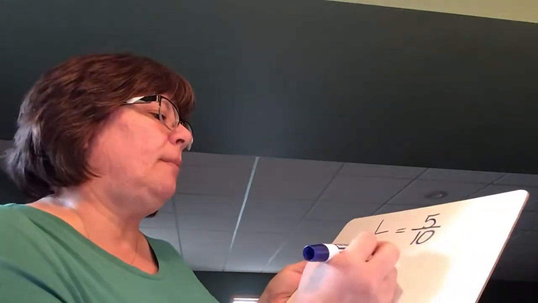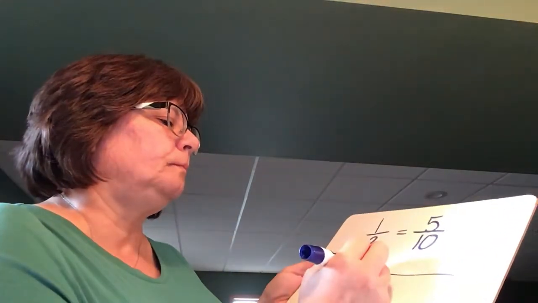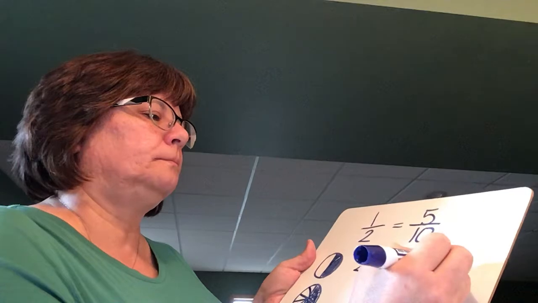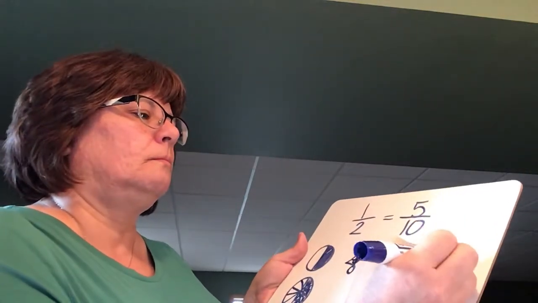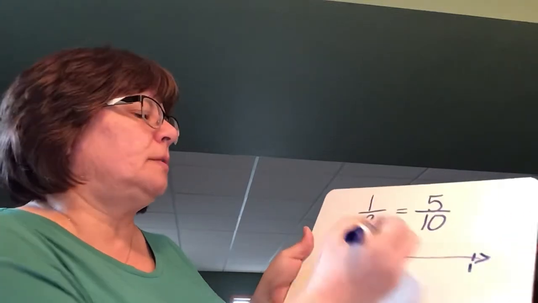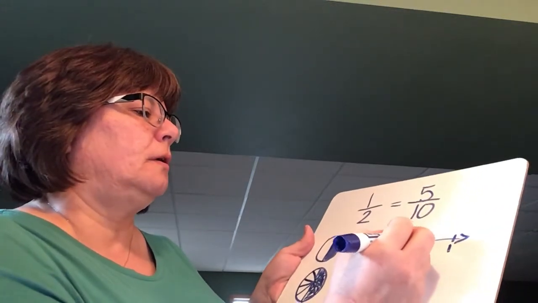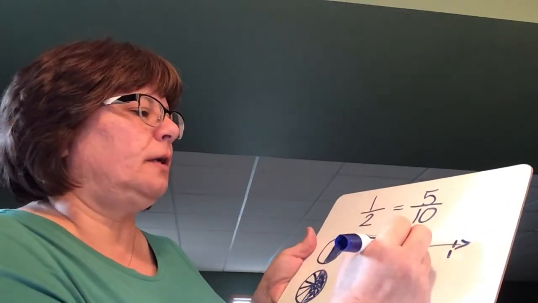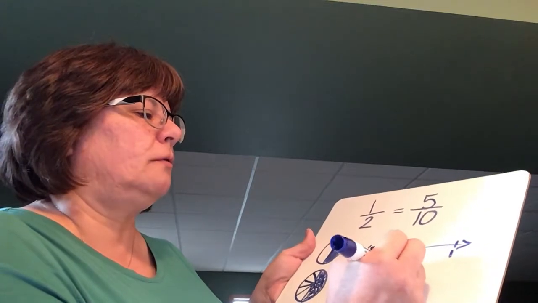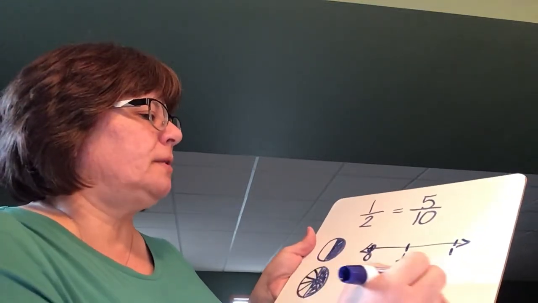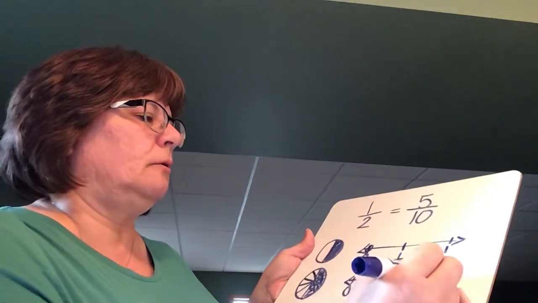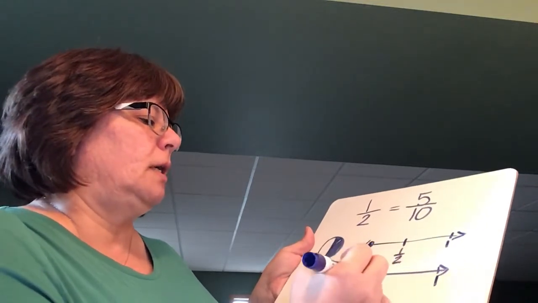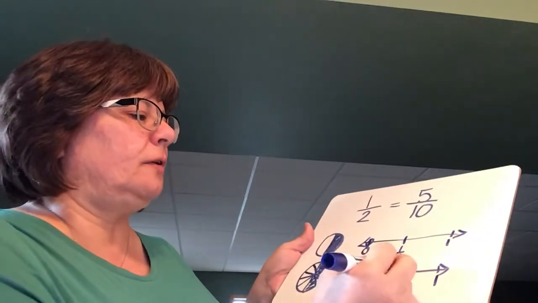Okay. Now I might choose to do a number line. I'm going to do 0 to 1. So this is 0. And it's supposed to be 1/2. So I know it's got to be divided equally. So that's 1/2. Now my whole is going to have to be the same size number line. And I'm going from 0 to 1. But this time it's tenths, so I have to divide it into 10.